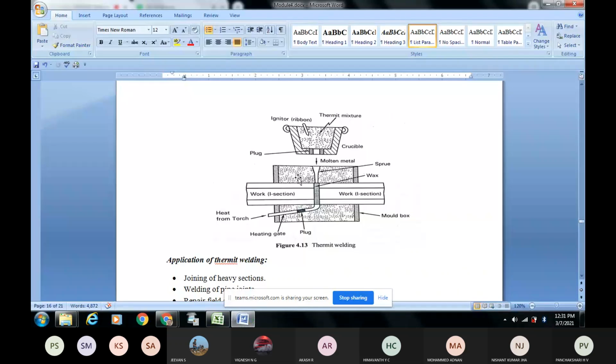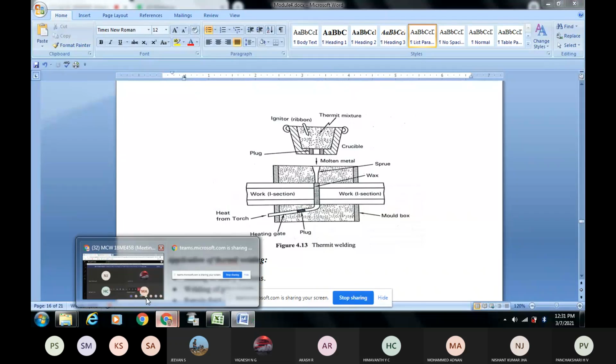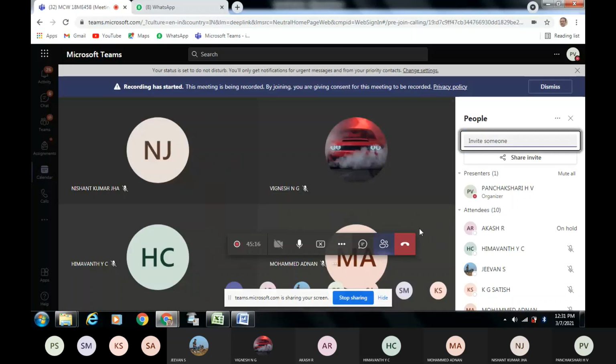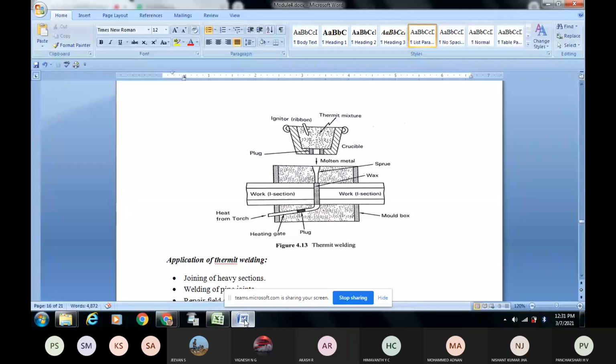When there is a breakage in the railway track, we cannot run a train on those broken parts, because there is going to be catastrophic failure, damage, accident. So before running that, we have to weld the railway track.